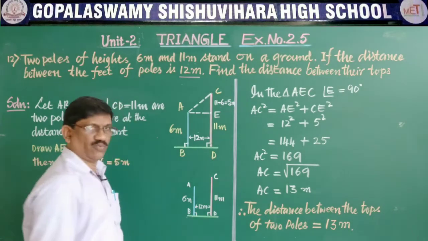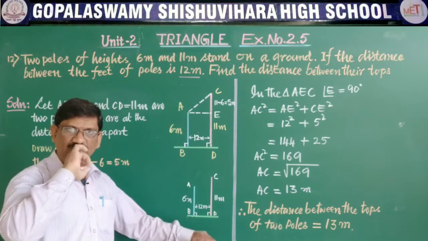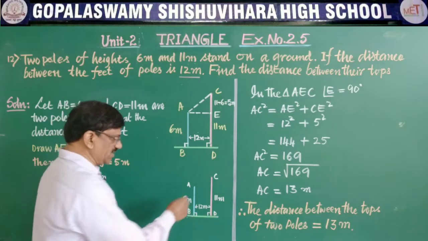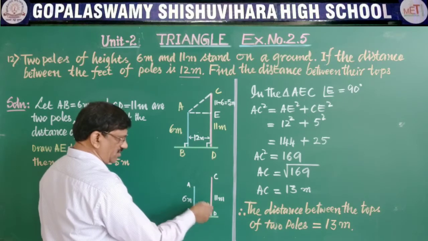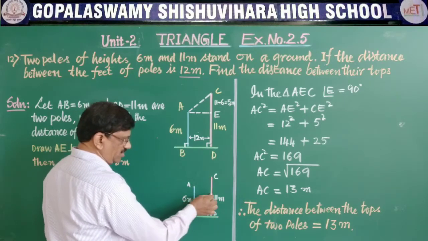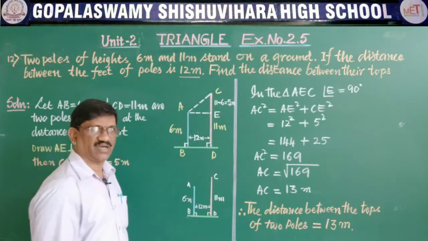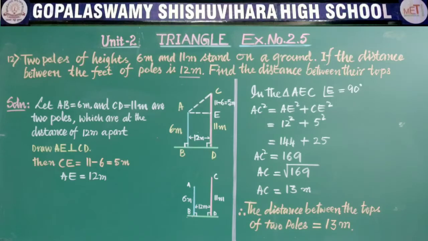You know that when two poles are standing on the ground, they are perpendicular to the ground. Since both are perpendicular to the ground, the distances between them from A to B and C to D are equal, isn't it? That means they are parallel to each other. Clear?